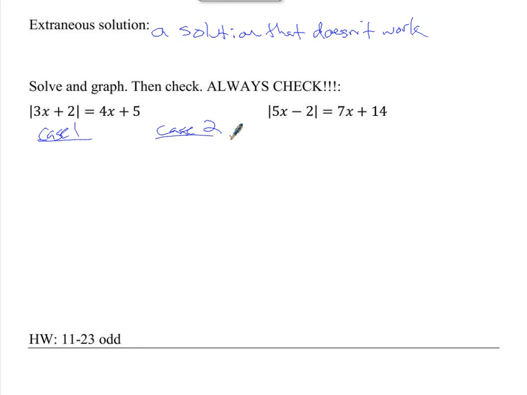It's a good question. We'll deal with it when we get there. What's case 1? 3x plus 2. All right. And case 2. 3x plus 2 equals the negative version of 4x plus 5.